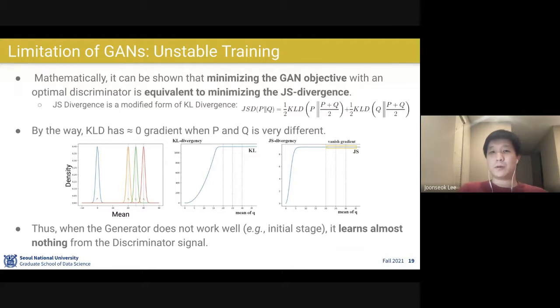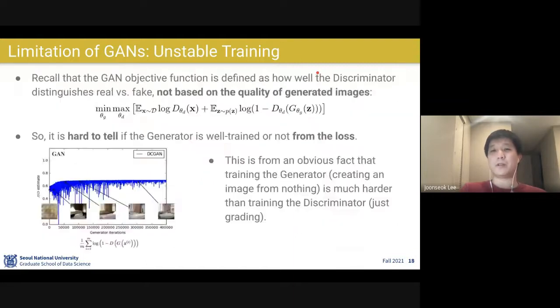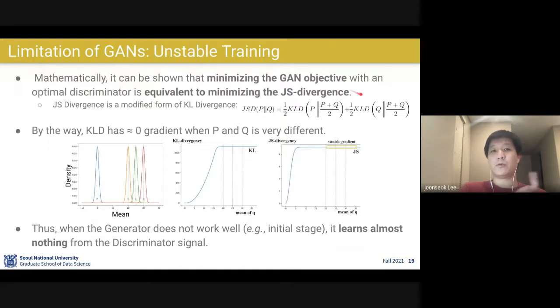Here are also some mathematical stuff, but I'm not going to go into the details here. But mathematically, it can be shown that minimizing the GAN objective, which is this, with an optimal discriminator is equivalent to minimizing the JS divergence. And JS divergence is defined as this, which is the KL divergence.